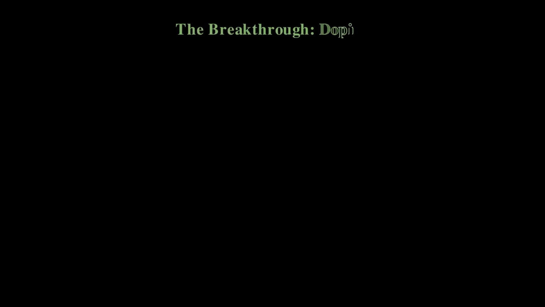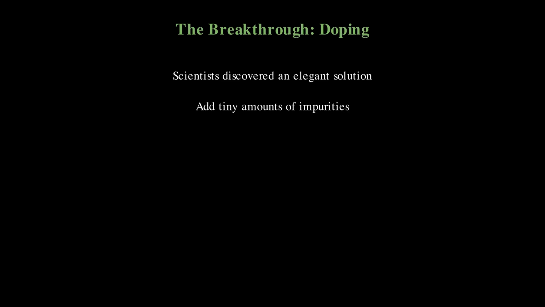And how did they overcome this challenge? Scientists discovered an elegant solution for this. They discovered that they could dramatically alter a semiconductor's conductivity by intentionally adding tiny amounts of impurities, typically just a few impurity atoms per million semiconductor atoms.